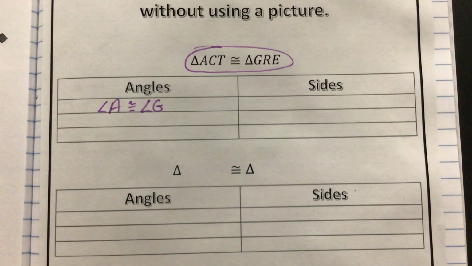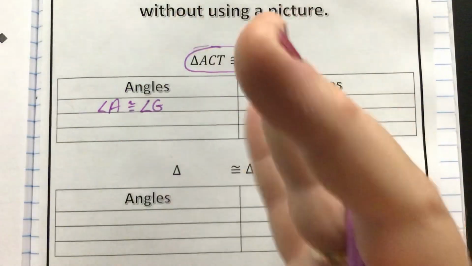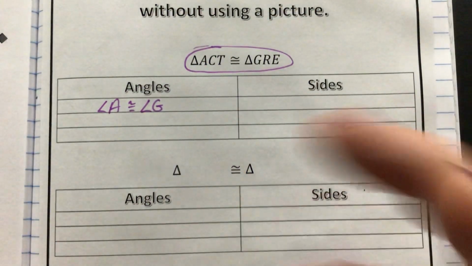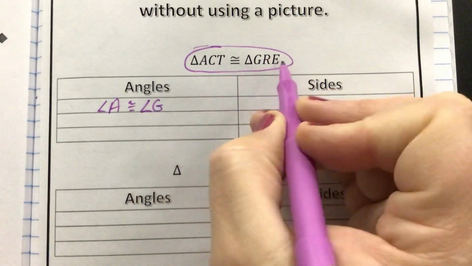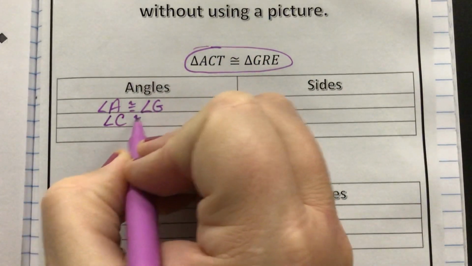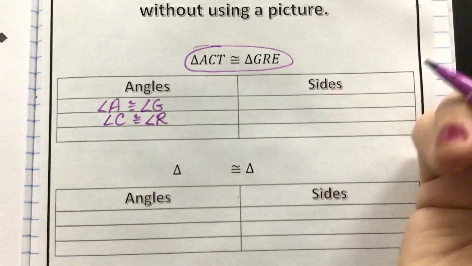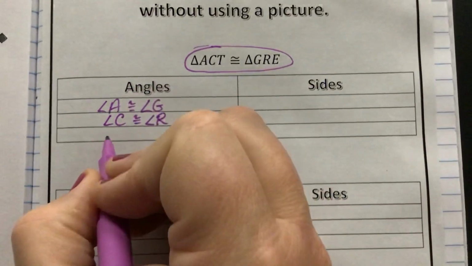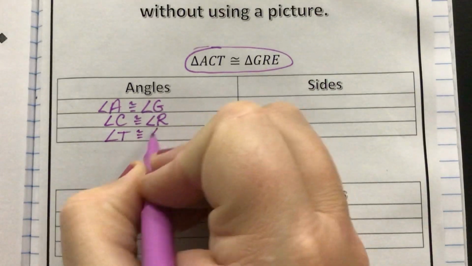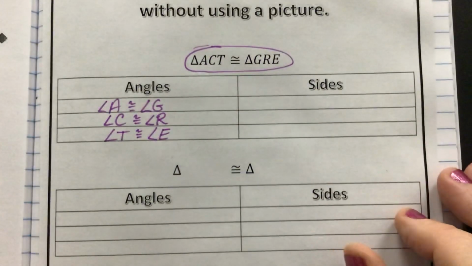I said we have 3 pairs of angles and 3 pairs of sides. So what's another pair of angles that work? Angle C and R, because C and R are both listed second. And the third pair of angles? Angle T is congruent to angle E.